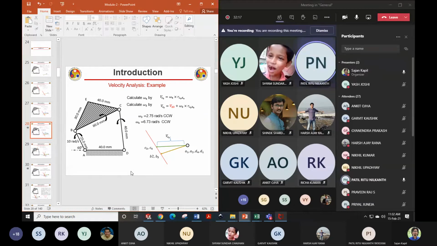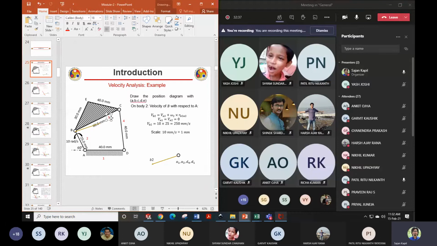On which body is point E? So it's on body 3, right? Correct. You just don't forget this nomenclature. Let me put it there for you so that it will be easy for you to write this.